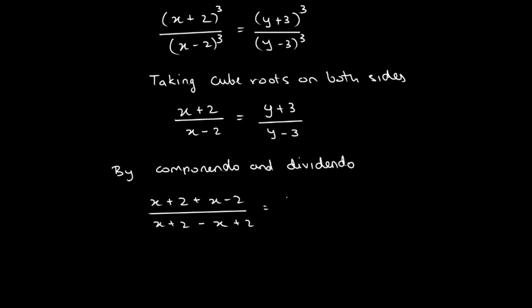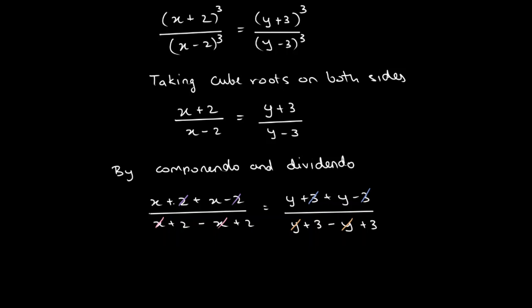Same thing on the right hand side: numerator plus denominator, (y plus 3) plus (y minus 3), divided by numerator minus denominator. So let's see what terms are getting cancelled out now. Plus 2 and minus 2 over here, and x plus x minus x. And on the other side of the equation, plus 3 and minus 3 getting cancelled, and plus y and minus y getting cancelled.